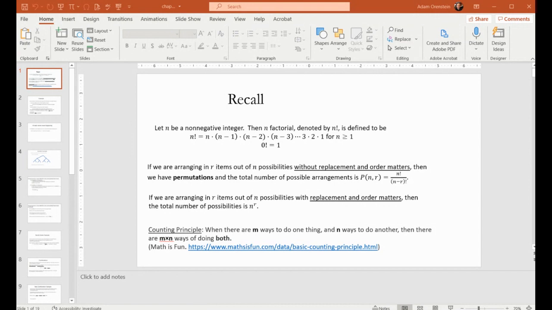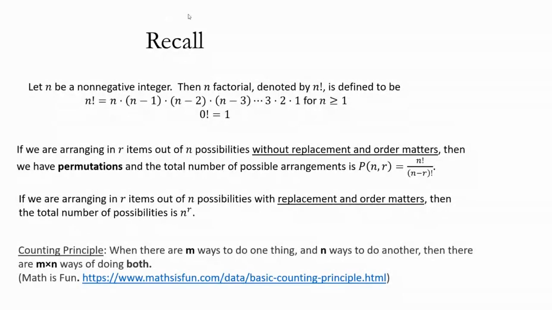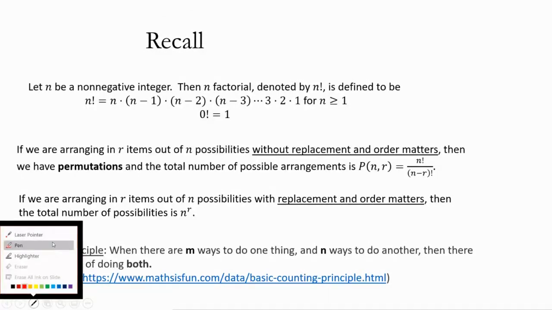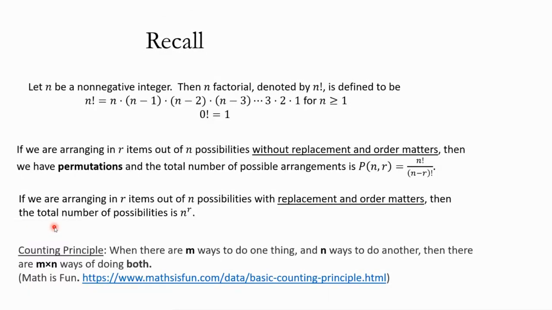Okay, so here, this is just a review of what we did last time. Just remember that for any non-negative integer n, we can define n factorial.